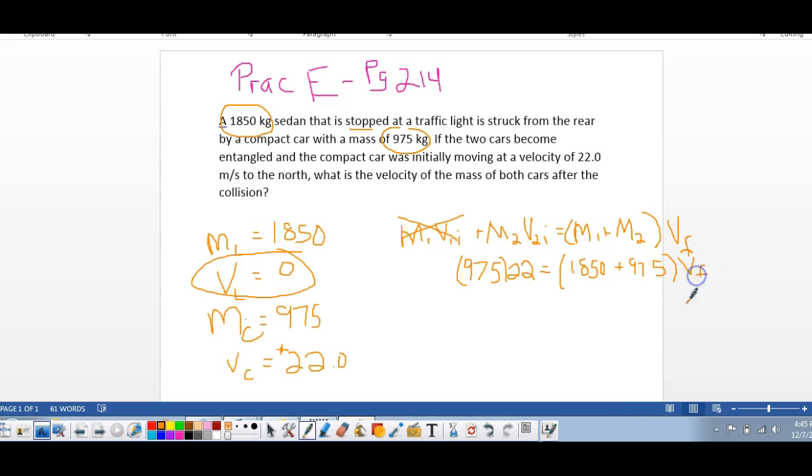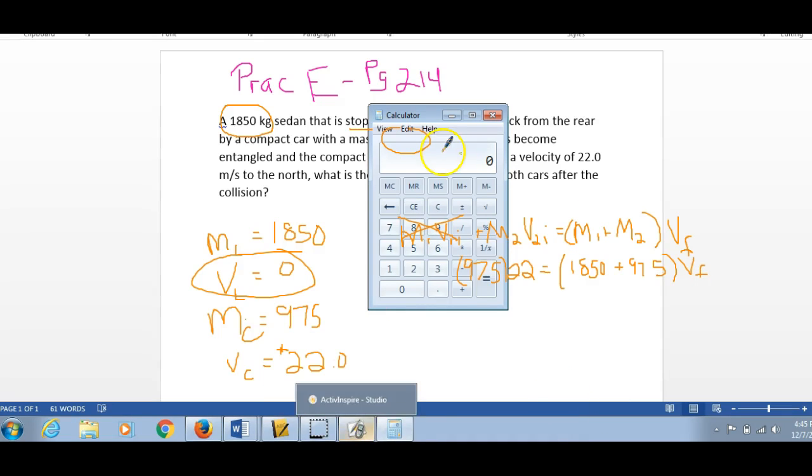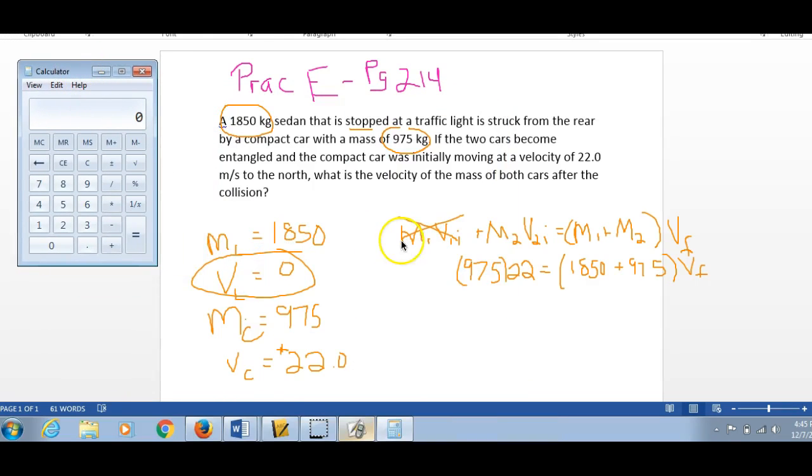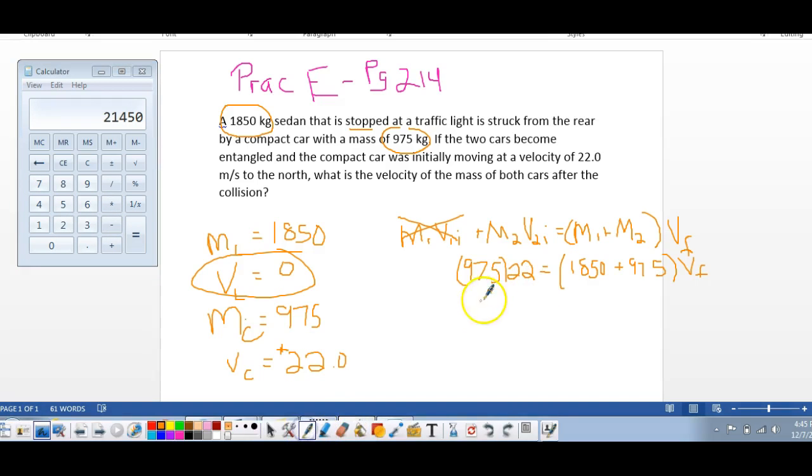So then we get our calculator out, we do the math. We go 975 times 22, 21,450. Write that down.